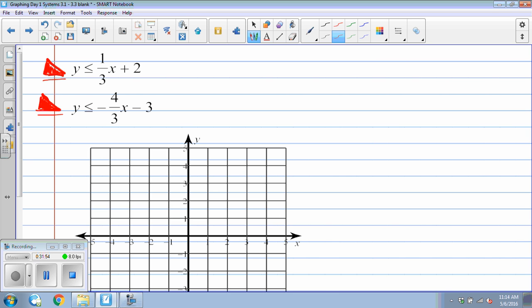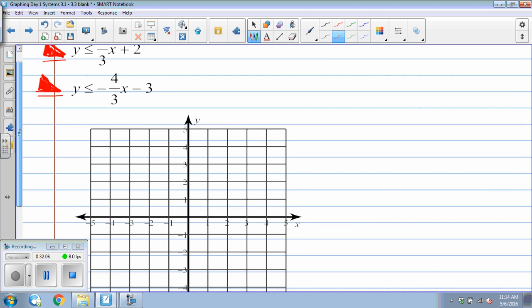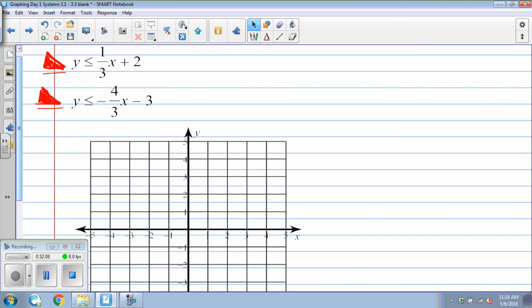I'm going to do this manually. You have done it on your calculator. I'm going to do it manually using the slope and the y-intercept to graph these lines. I'll do the first one in red and the second in blue.